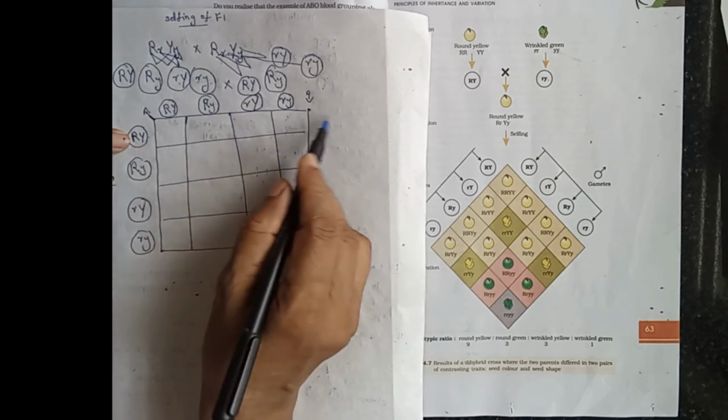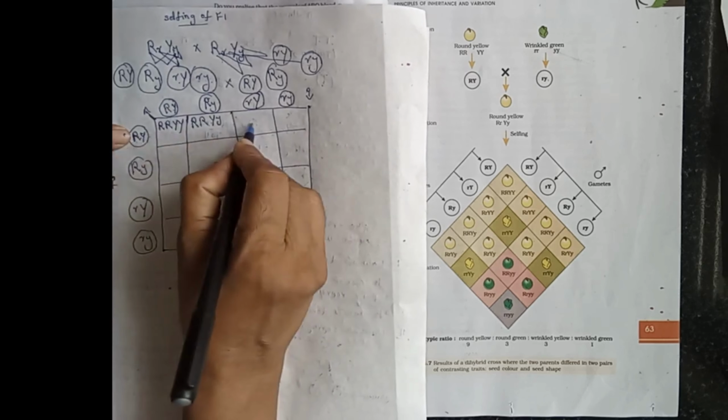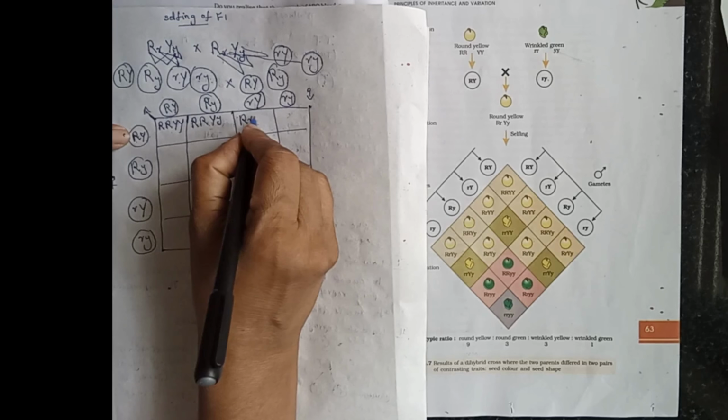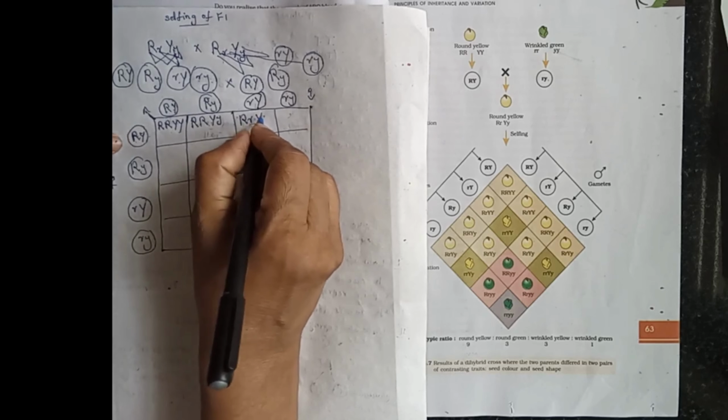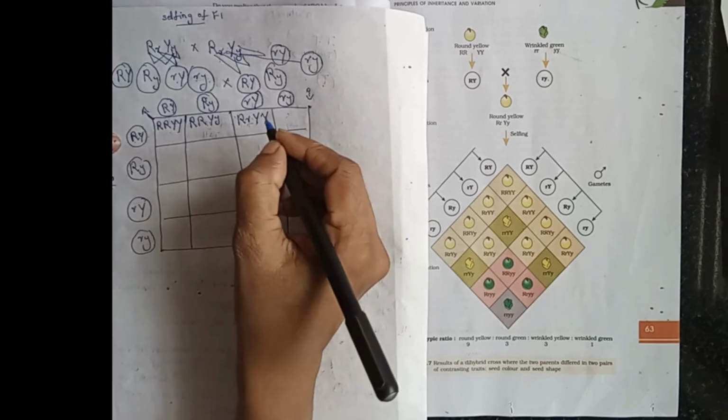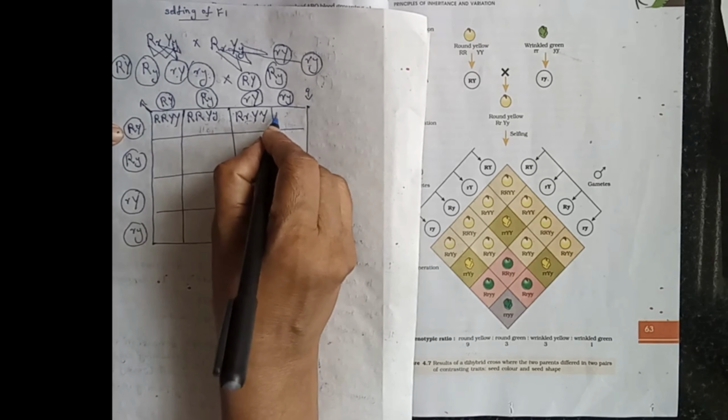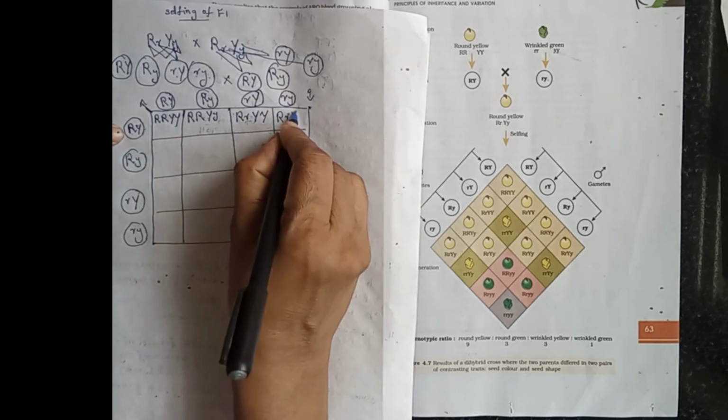Then we cross this gamete with all these rows. Then capital R capital R capital Y capital Y. Then capital R capital R capital Y small y. Then capital R small r capital Y capital Y. Next capital R small r capital Y small y.